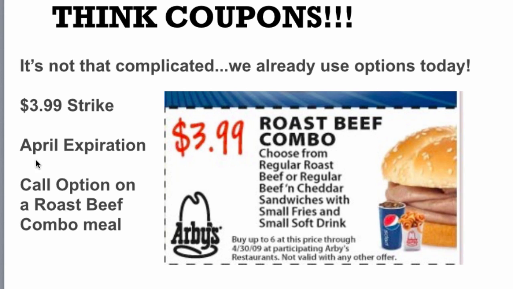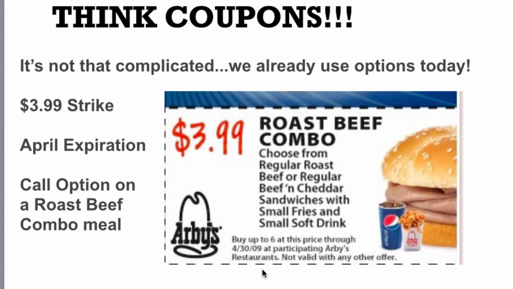This is the expiration date, which is in April, and you can see right down here in the fine print that at the end of April 2009, again, this coupon's a little old for when we're doing this video, but you understand that at the end of April in 2009, we would have had to execute this agreement or give them the coupon to buy this roast beef combo at $3.99. Now, in this particular case, this is a call option on the roast beef combo, right?